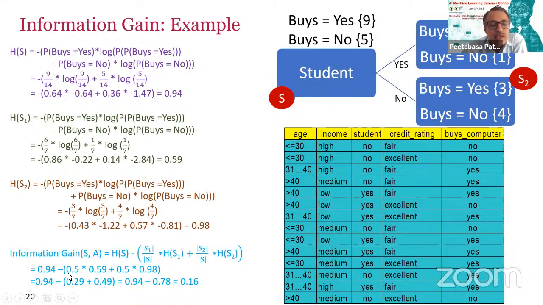When we take that weighting of the entropies and add them up, it comes to 0.78. I have a gain of 0.16. So if I take the root node and the attribute is student, I have an information gain of 0.16 if I split based on whether the person is a student or not.